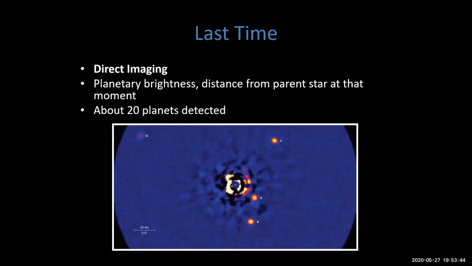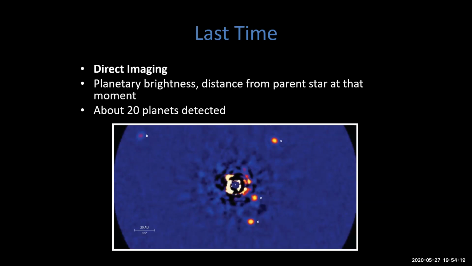But you can direct image planets. This has been done. There's just a handful of planets that have been detected in this way. HR 8799, I believe, is the picture shown here, which has four orbiting planets. These are like Jupiter-sized planets at about 10 to 100 AU away from its central star.